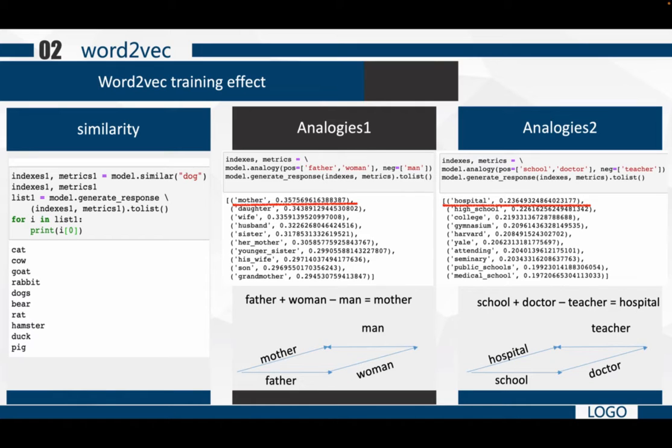It can be seen that in English words, dog is similar to other animals, such as cat, cow, goat, and something else. By analogy, such words can be obtained by adding and subtracting word vectors, such as father plus woman minus man is equal to mother, which is the same in Chinese words.